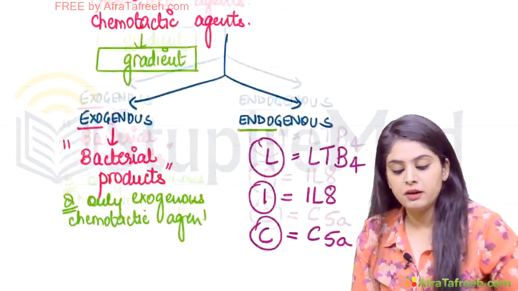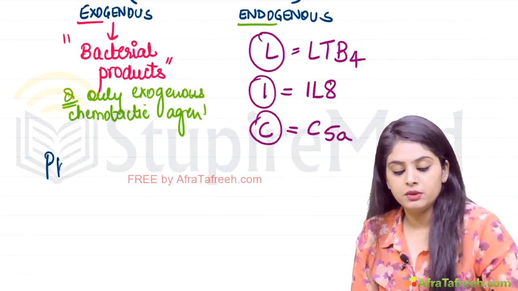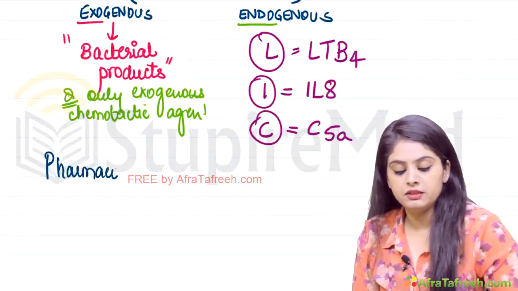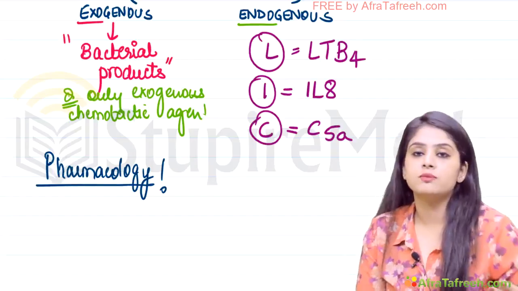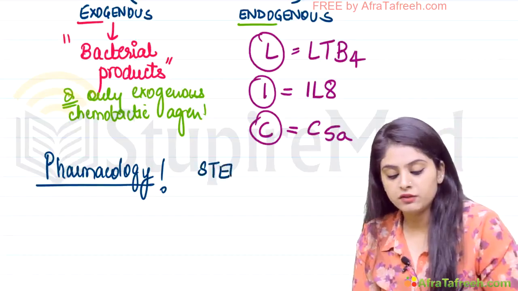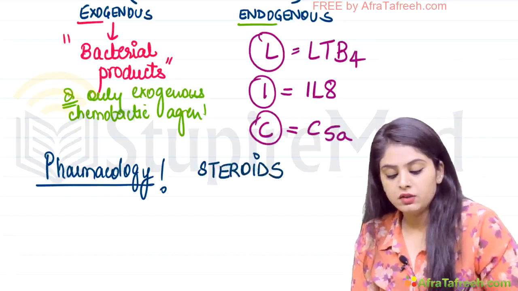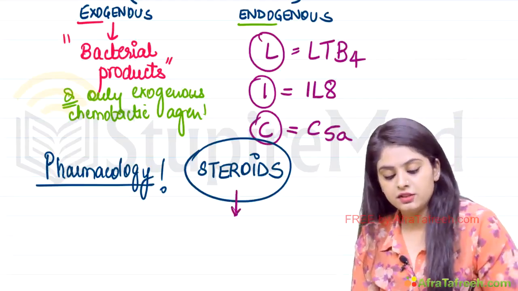So one pharmacological correlate that you need to know, something that we are going to drift away a little from pathology and go into one more subject that everyone dreads a lot, that is pharmacology. Everyone has heard of steroids. Steroids, also what everyone knows is that steroids have anti-inflammatory actions.